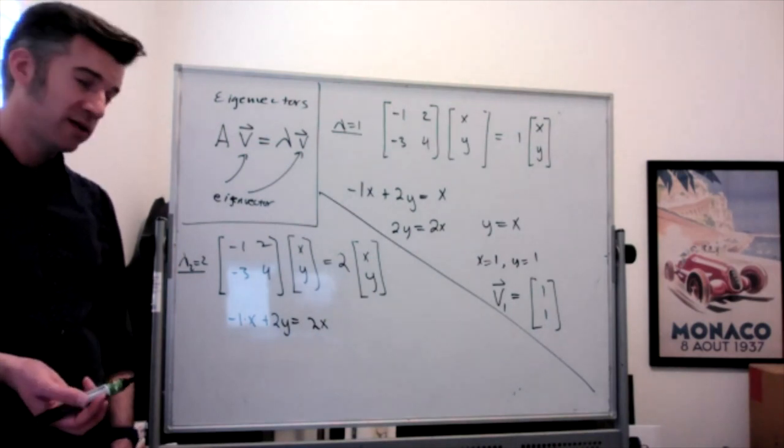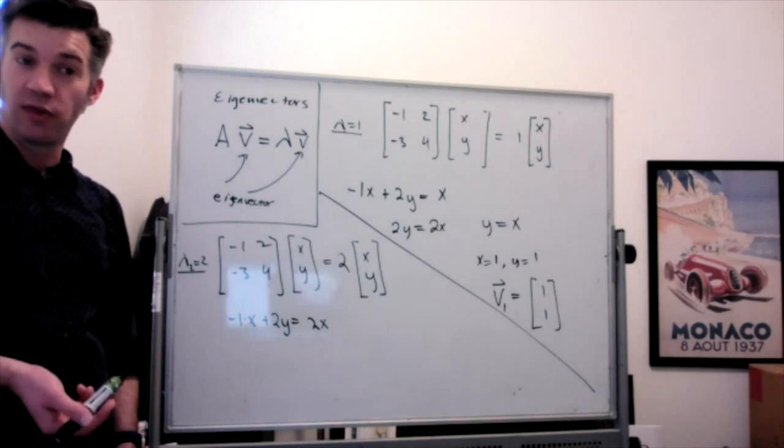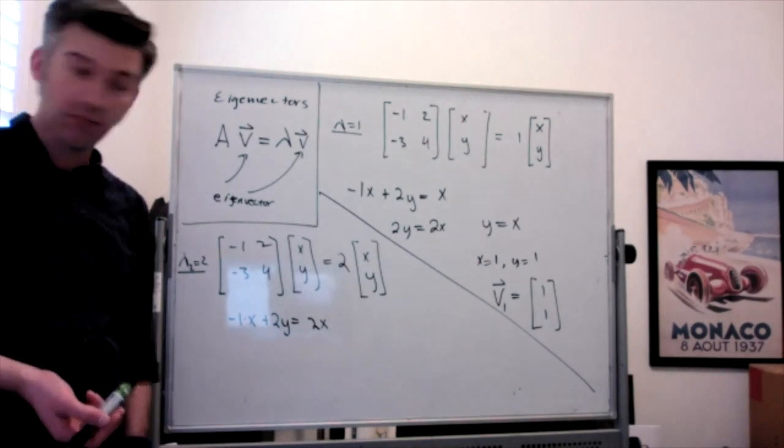So hopefully you guys all got something like (2, 3) as your eigenvector.